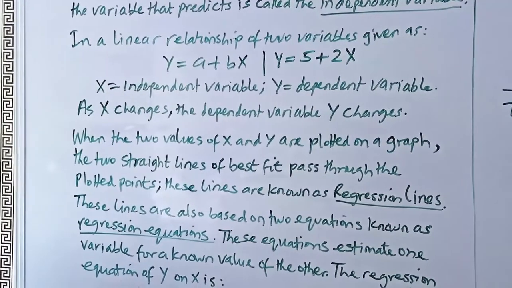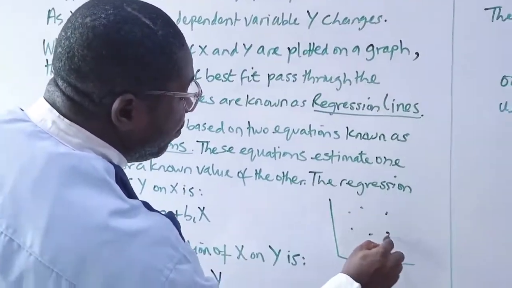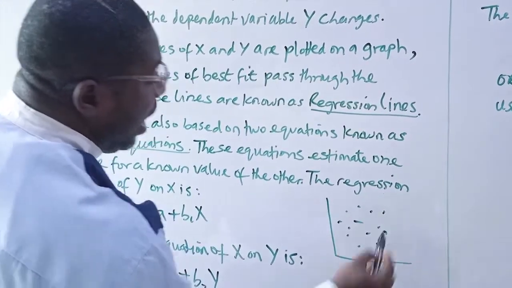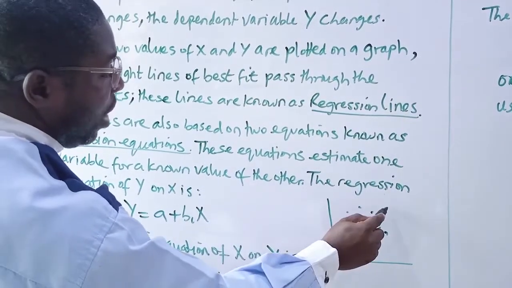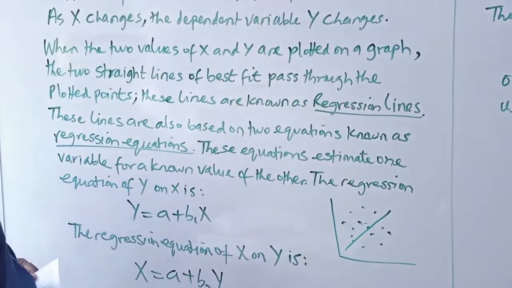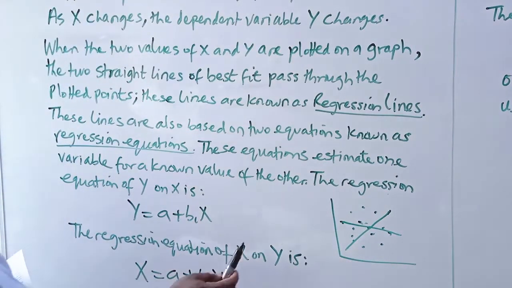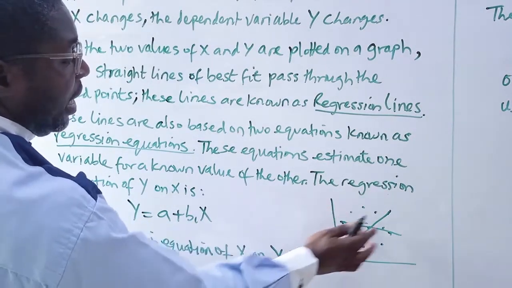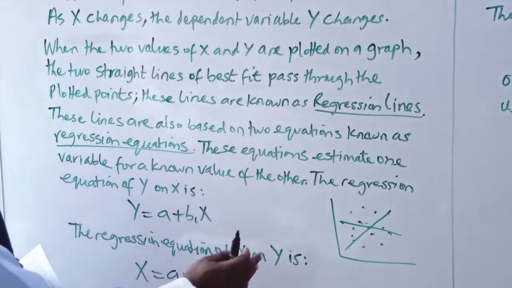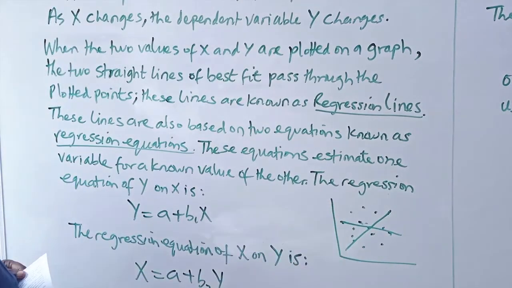Those lines on a graph, by the time all the values are plotted, you join some on this side and you join another on this side, just like that. These lines that are drawn on the plotted points are called regression lines.